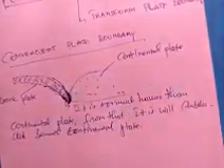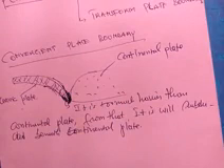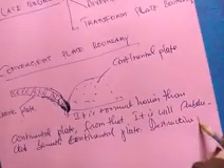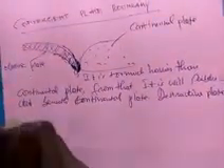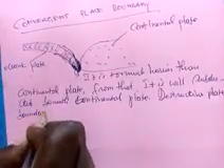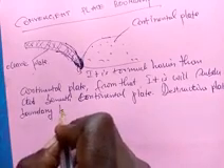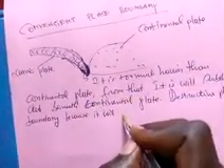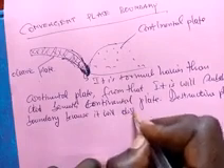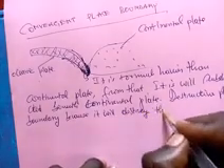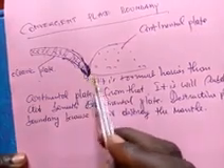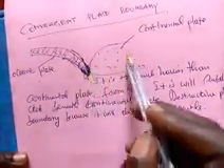In such a case, this convergent plate boundary can take another name, which is destructive plate boundary, because it will destroy the mantle as it is subducted beneath the continental plate.